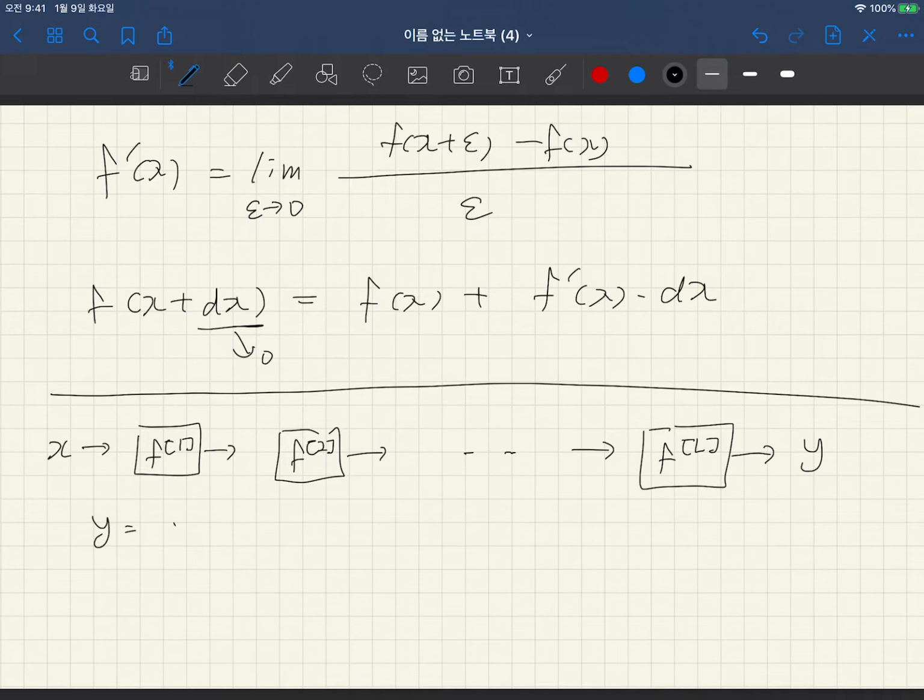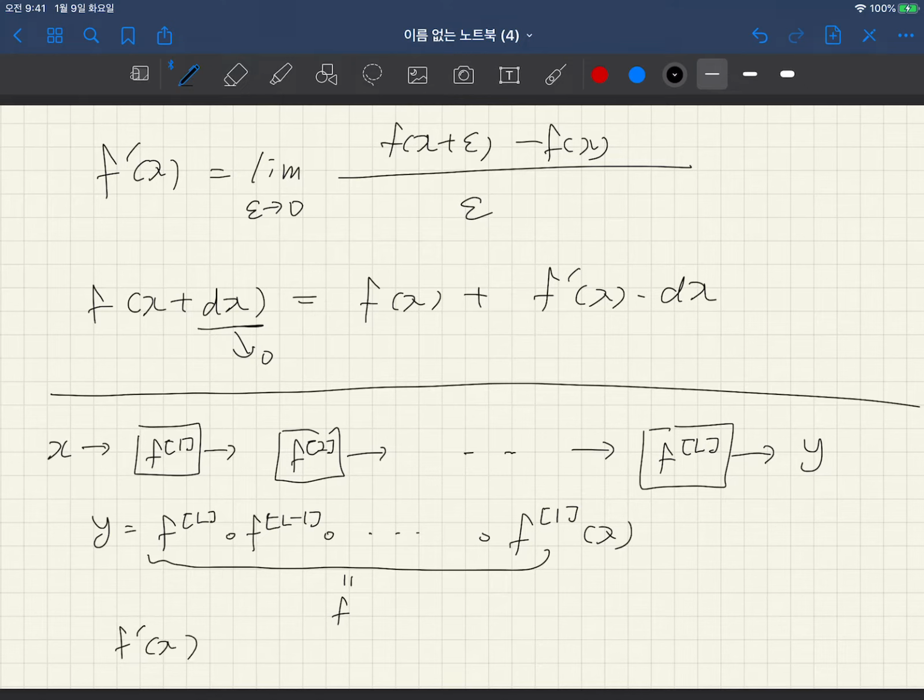So y is equal to f_L(f_{L-1}(... f_1(x))). Let's say this is function f. So the function f is composed of capital L different functions, a sequence of functions, and we want to find the derivative of function f at point x.